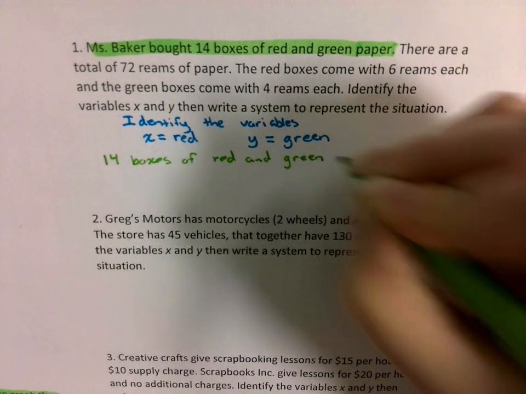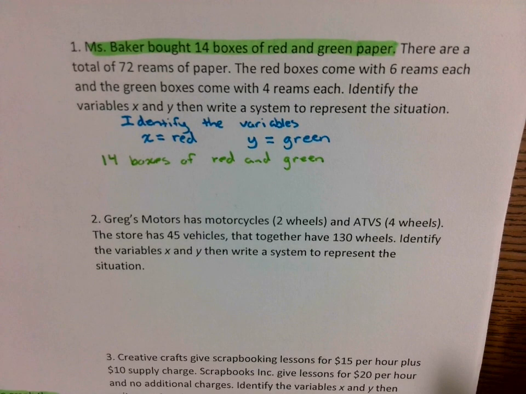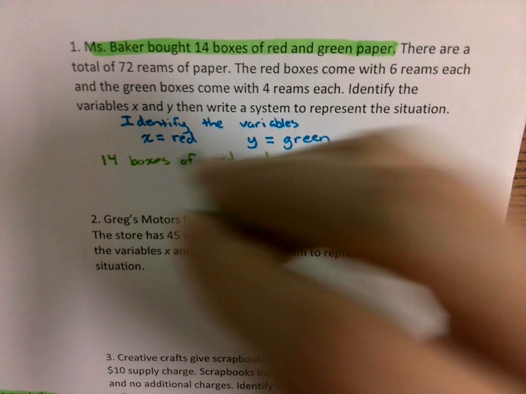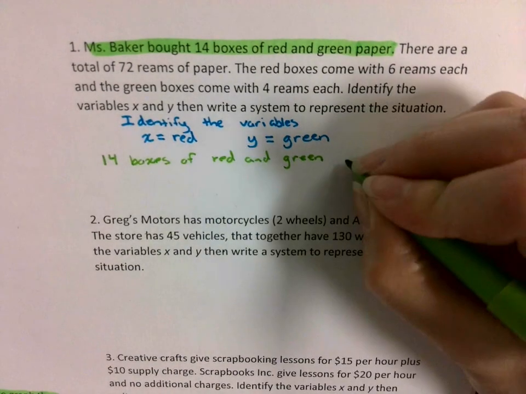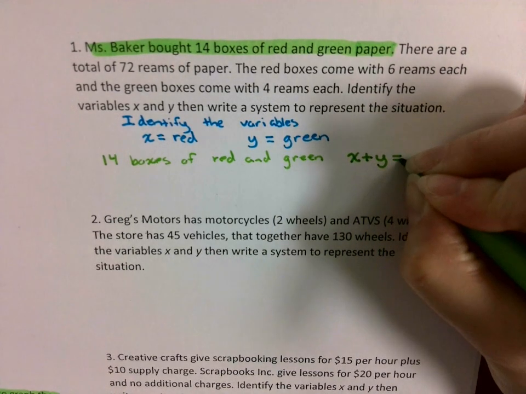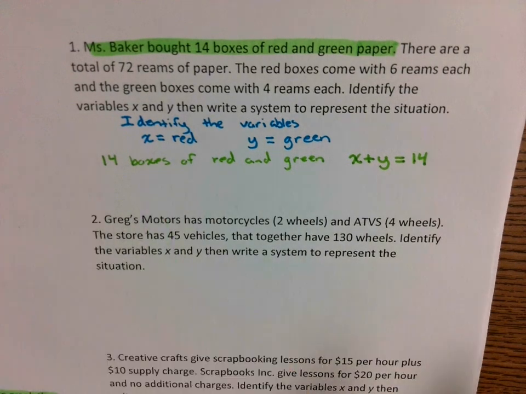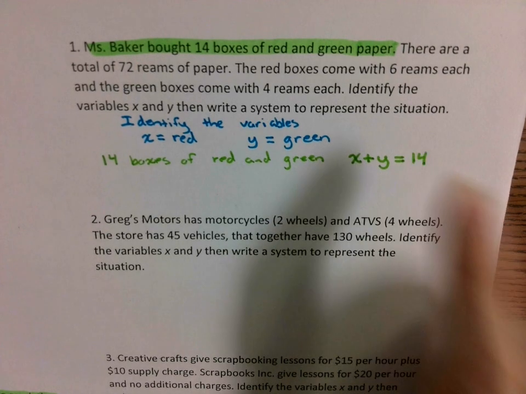That means if I add the red boxes and the green boxes together, it should equal 14. So my equation here is going to be X plus Y is equal to 14. I'm just going to take my reds, take my greens, add them together, and that should come to 14.